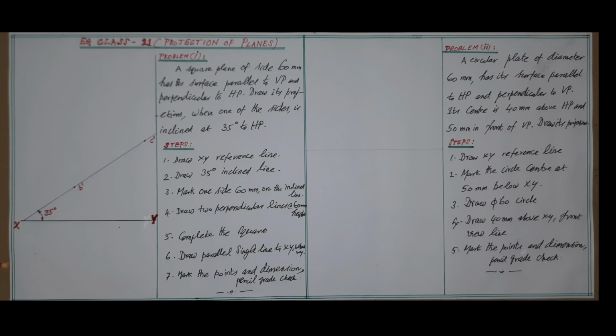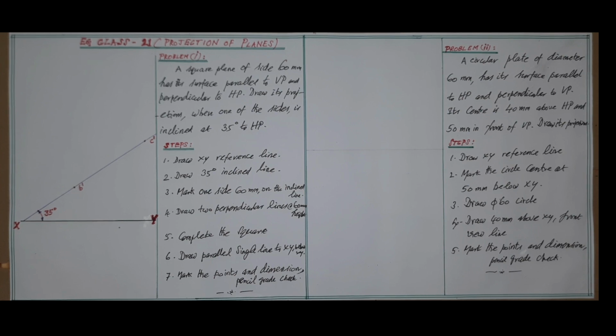First, let me explain the problem. In this problem, the full surface of the square plane is parallel to vertical plane and perpendicular to HP, that is its image falls on horizontal plane below XY when the top view is seen, and it appears as a single line, that is given in the problem.